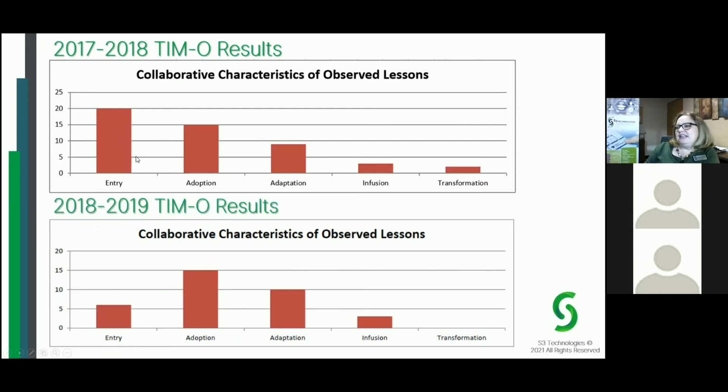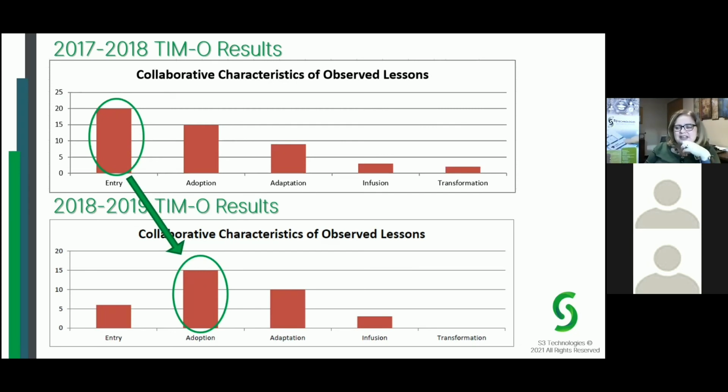And you can see the entry was very high. I know personally as a teacher, I struggled with how to have kids work in groups. How do you have them be productive, have it be meaningful and come out with better results than if they had worked on their own?